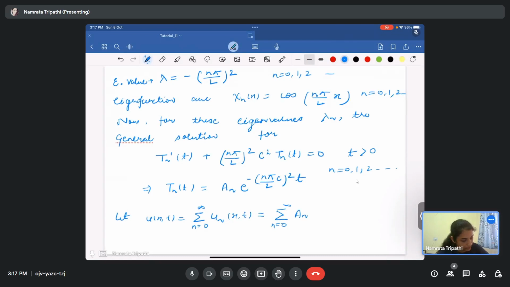Tn is an times e to the power minus n pi c upon L whole square into t, into Xn, which is cos of n pi by L into x. Now we have to satisfy the condition and then we can find the value of an.